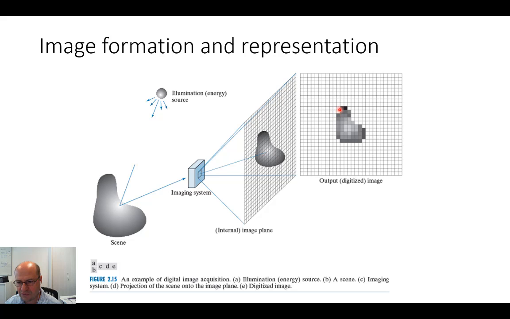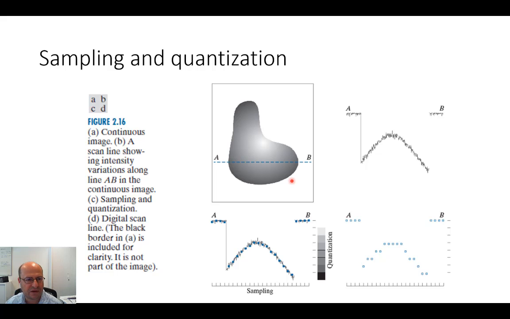So just bear with me a second. What we see is a digitalization of the image as picked up by the imaging system. And the processes used in this digitalization are called sampling and quantization.